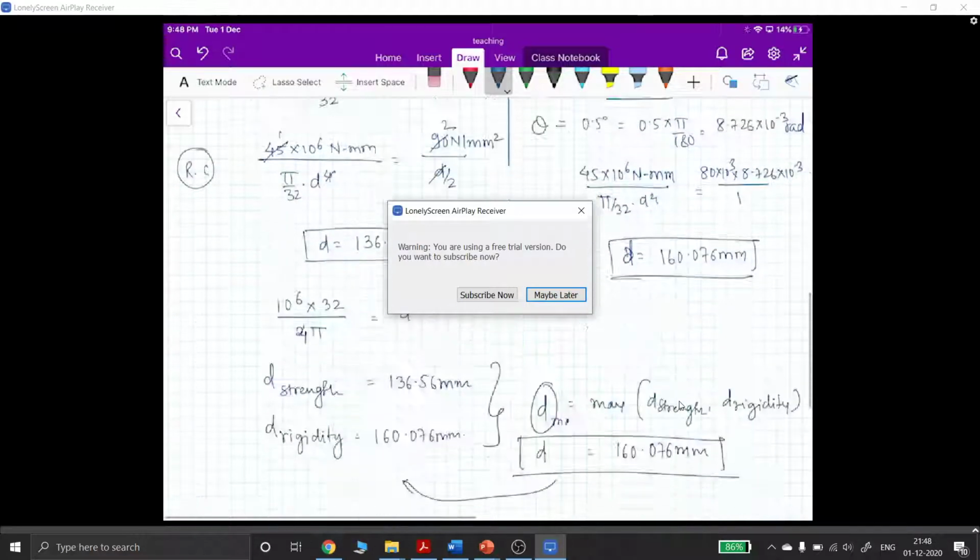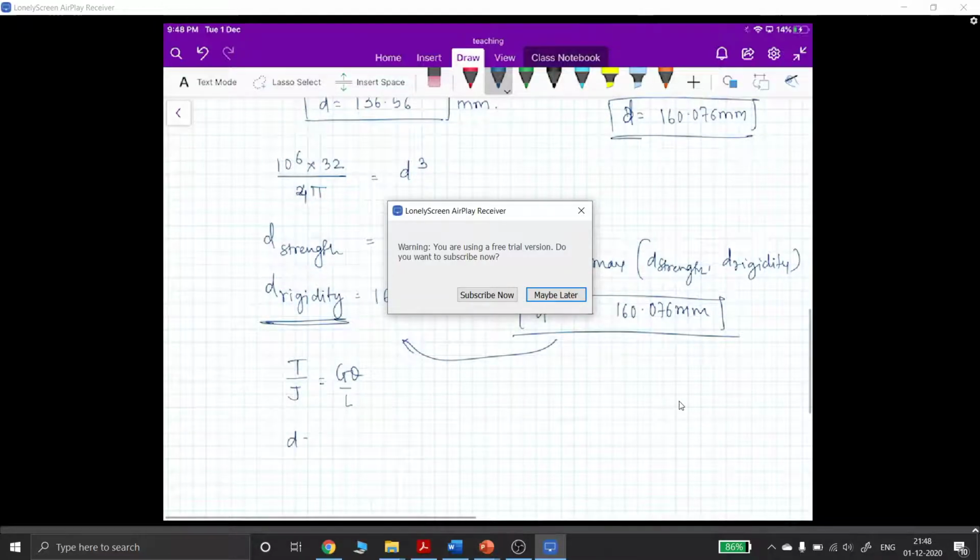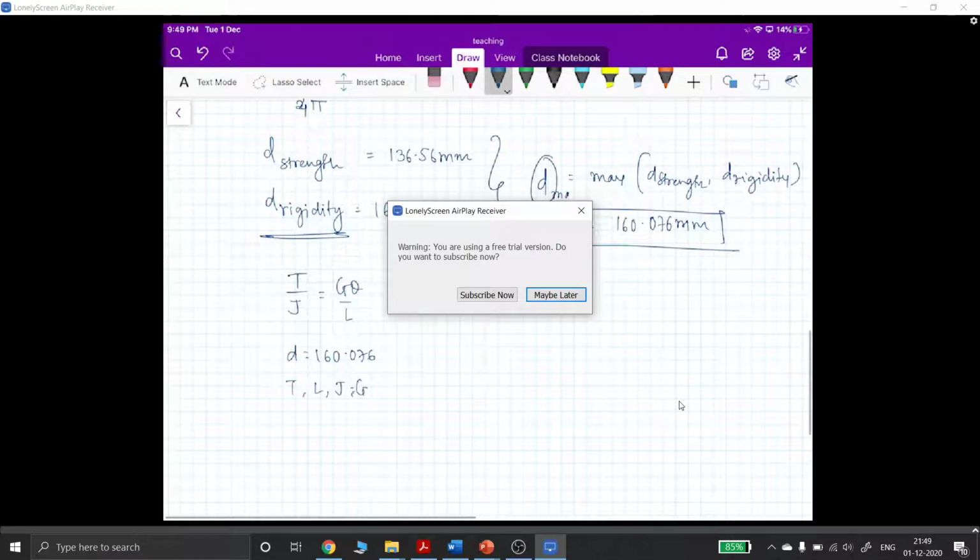See here, the diameter for the rigidity criteria has been selected. So even if you go for inverse calculation, for the rigidity criteria, the formula will be T by J equal to G theta by L. If you substitute the diameter 160.076, and T, L, J and G as they are, whatever theta you get will be the same as the given one.